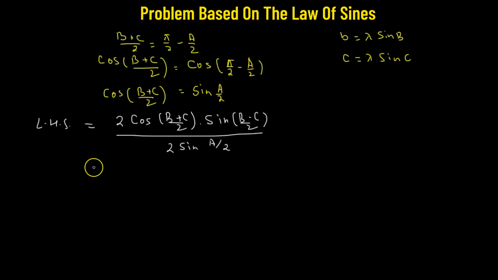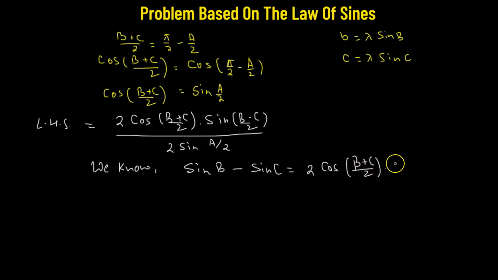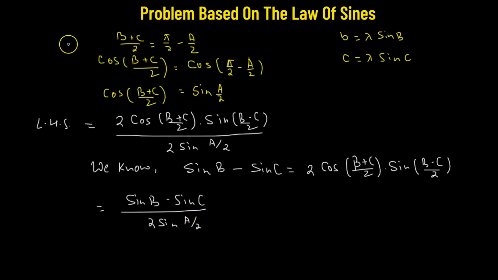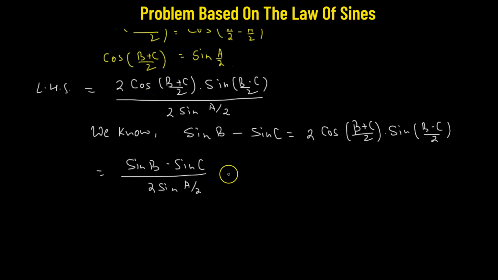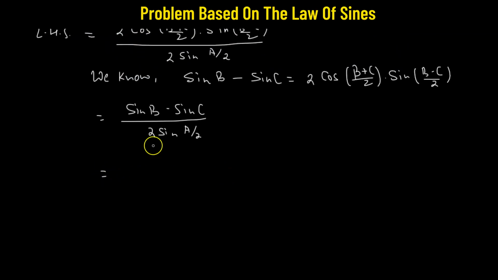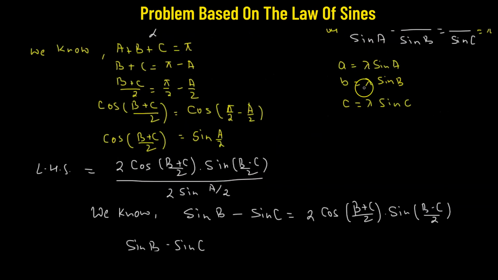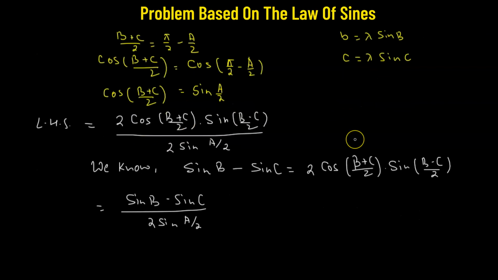Because now we can use the fact that sine B minus sine C is given by 2 times cosine of (B plus C) over 2 multiplied by sine of (B minus C) over 2. So the numerator now becomes sine B minus sine C, divided by 2 times sine A over 2. Now, we have already mentioned that sine B will be b over lambda and sine C will be c over lambda.